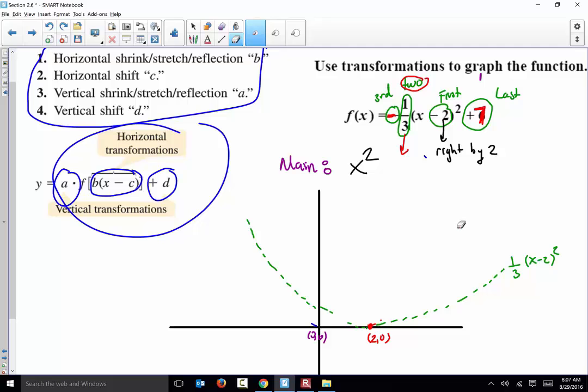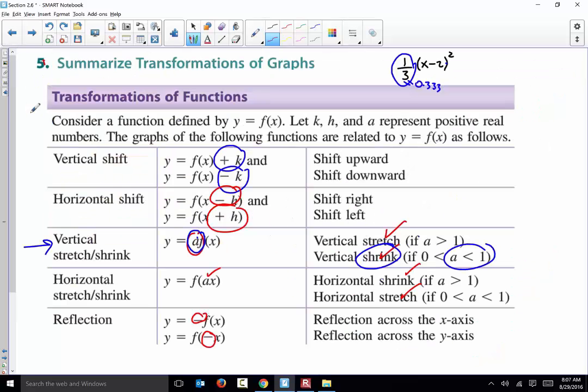Coming up next is who? The third one is negative. What does negative in front of the main function do? What's that? Reflection, but along? Yes, it's along x.